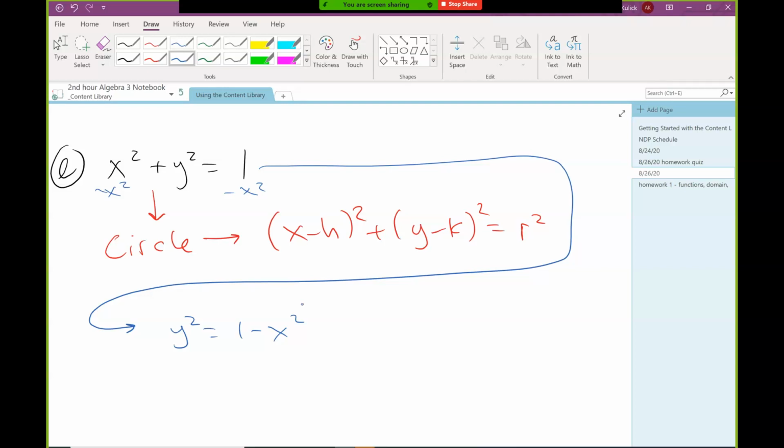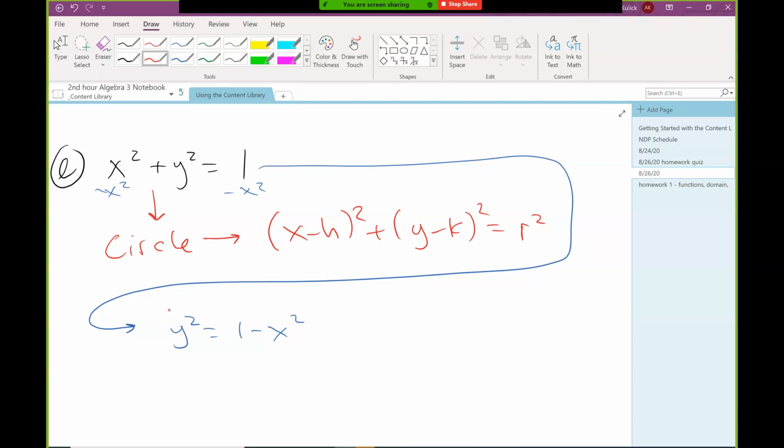Now I have to get that squared off of the y also, right? How do I get rid of that? So how do I get rid of the squared that's on the y? Dividing by 2 would get rid of a 2 that's a coefficient, because division undoes multiplication, right? But it doesn't undo an exponent.